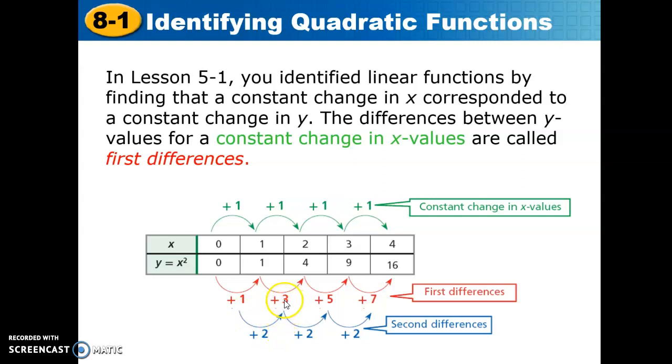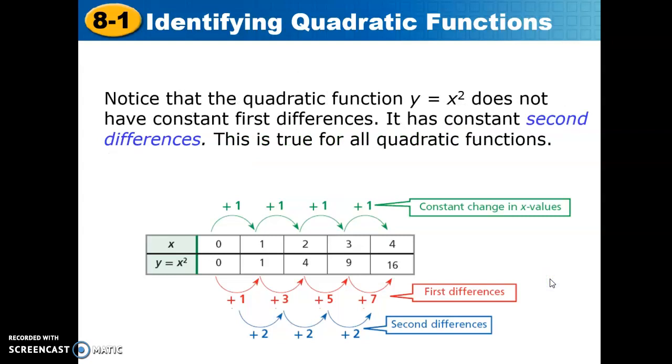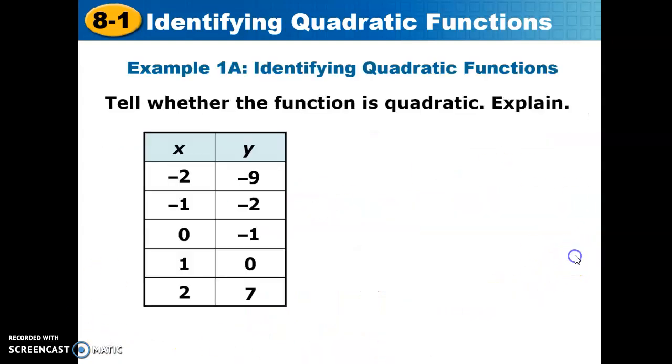And then going from 3 to 5, again changing by 2. 5 to 7, again changing by 2. Because this second difference is constant, that means you have a quadratic function. Okay? Make sure you have this jotted down somewhere because it's important to know that.